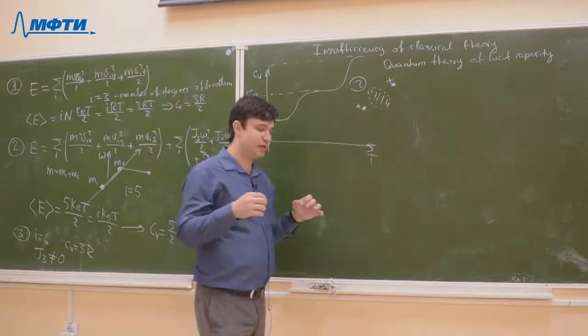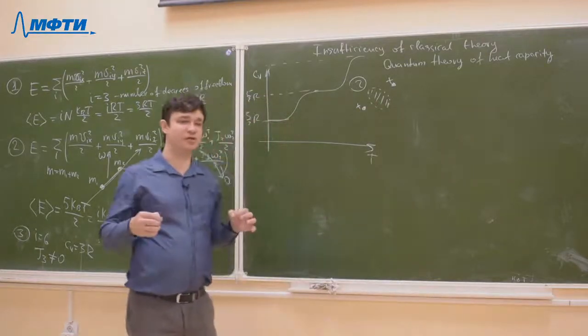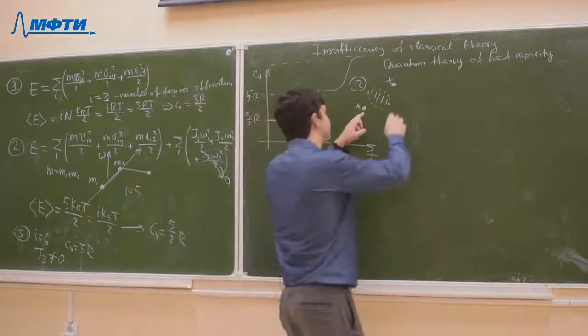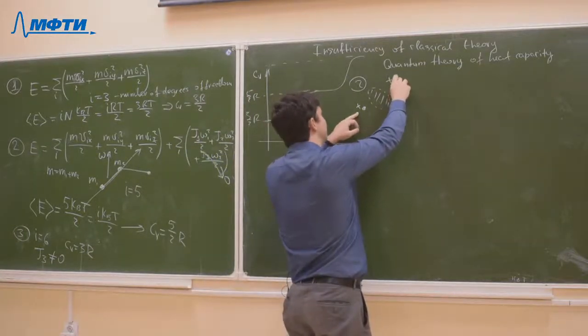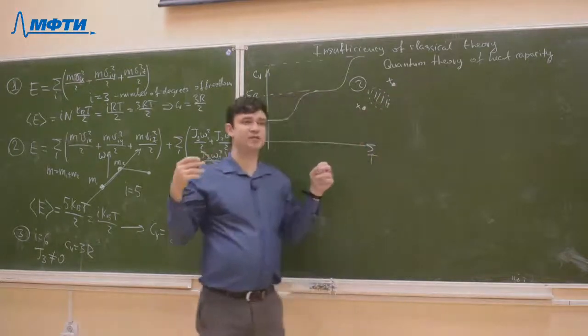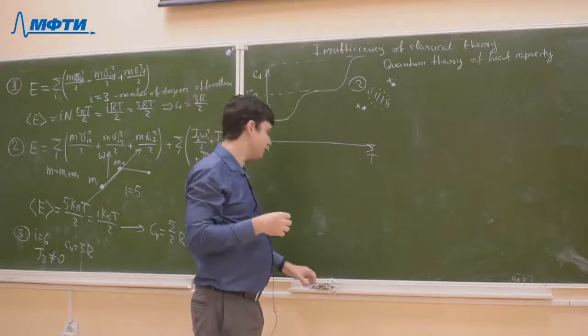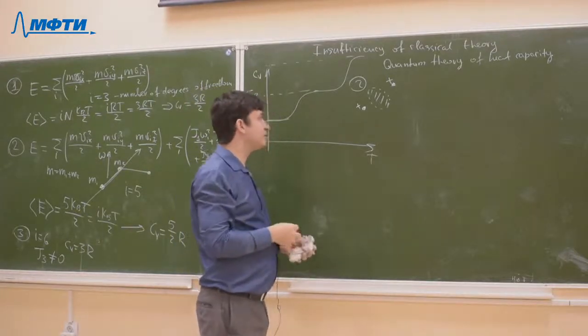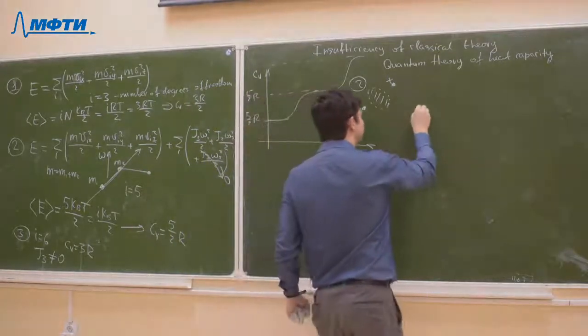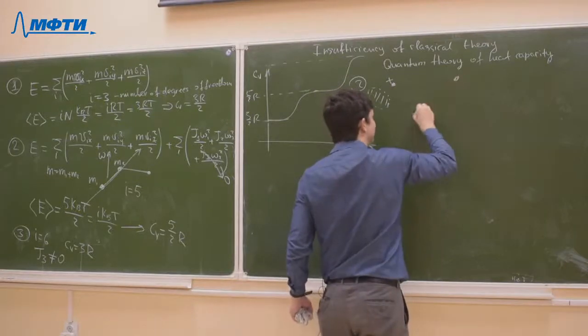But these two atoms cannot be found at any arbitrary distance. When you try to separate these atoms, they attract each other. But when you bring them closer to each other, they start repulsing each other. So we can assume that these two atoms are connected by a spring.